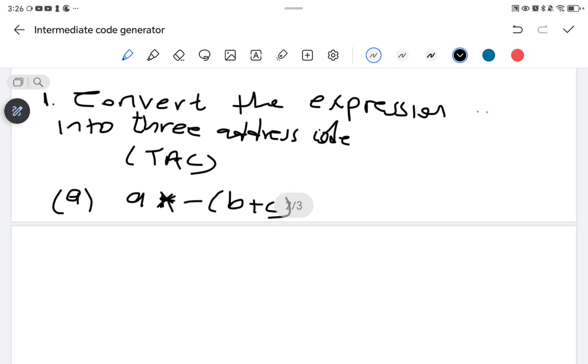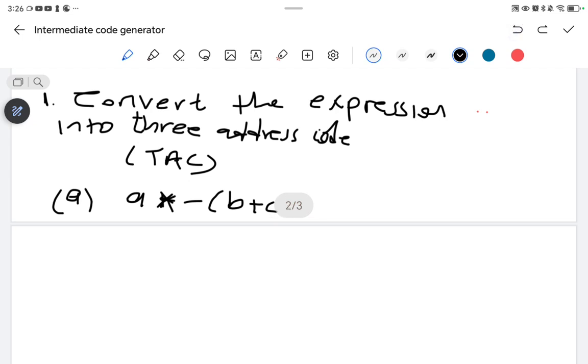Let me give you a tip here. There are 2 or 3 ways you can apply 3 address code. You can start here and assign this. It's very much possible.